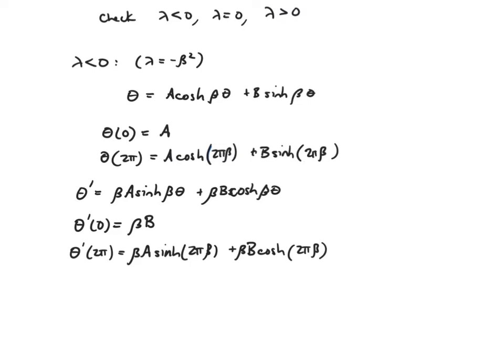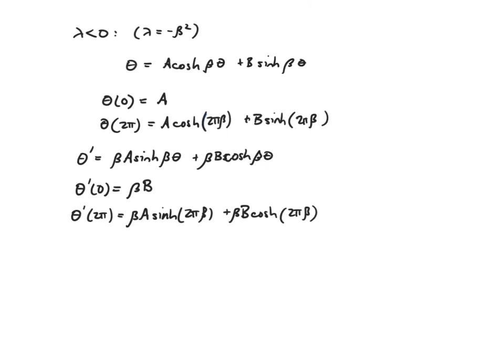All right, divide the whole thing by beta here and set that equal, and you basically get A sinh 2 pi beta plus B cosh 2 pi beta equals B. Okay, so I've equated these two things together, divided the whole thing by beta. You get that equation. And then if I equate these two, you get another equation.